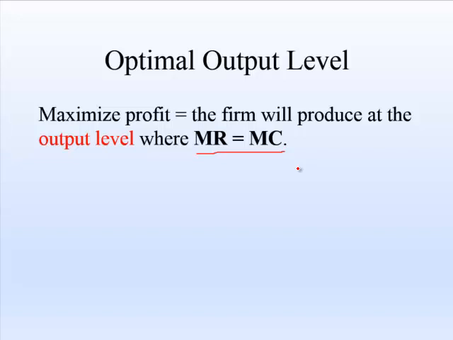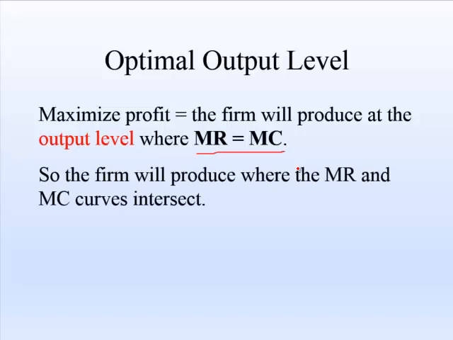So here profitability will decrease. Maybe in the short run you can operate, but in the long run you have to maintain this level. Okay. So the firm will produce where the marginal revenue and marginal cost curves intersect.